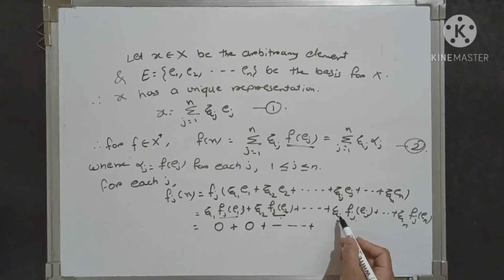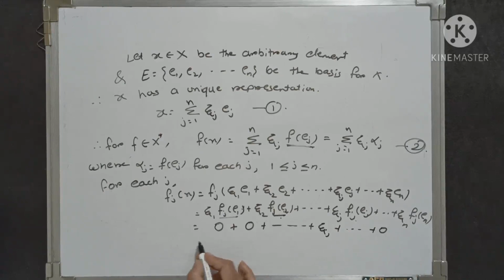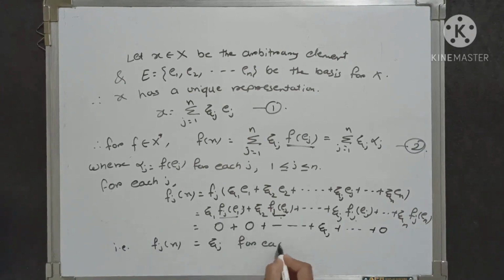Therefore we get the product xi j into 1, which equals xi j, and all the remaining terms are 0. That means fj of x equals xi j for each fixed j, where j is between 1 and n. In this way we get the value of xi j equals fj of x. We give it the equation number 3.